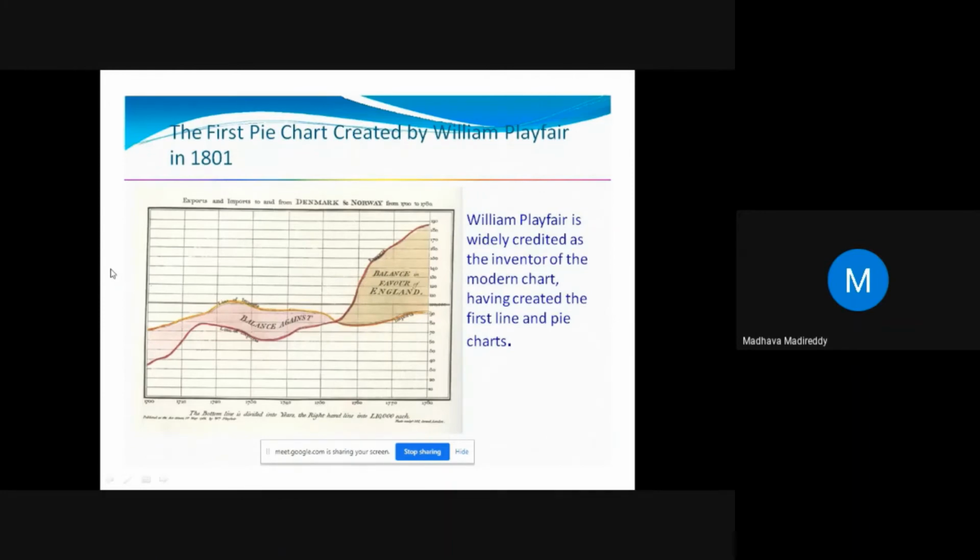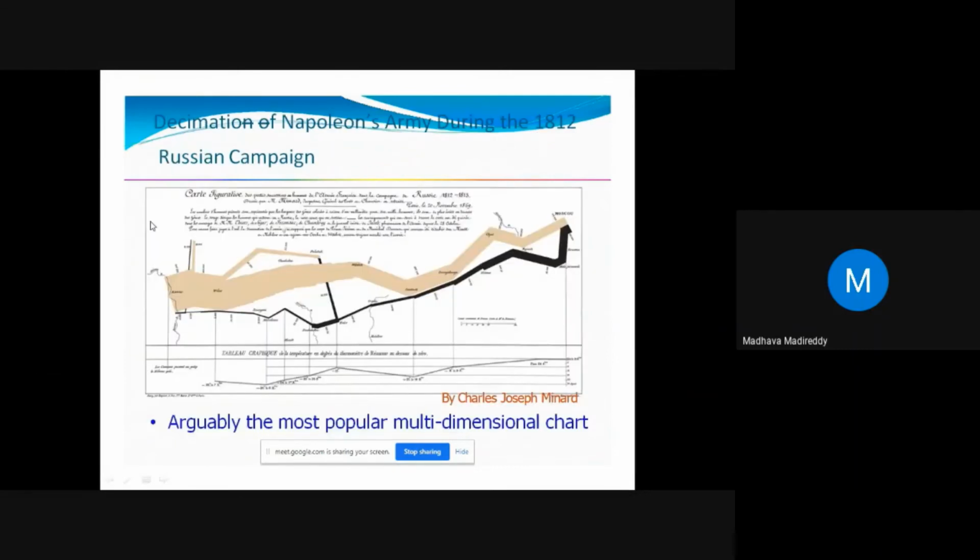If you look at this chart, this is the first pie chart created by William Playfair. You can see the balance in the favor of England and the balance sheet in the favor of the other, so how the balance was changing. Now you can see a trend line here, how things were changing.